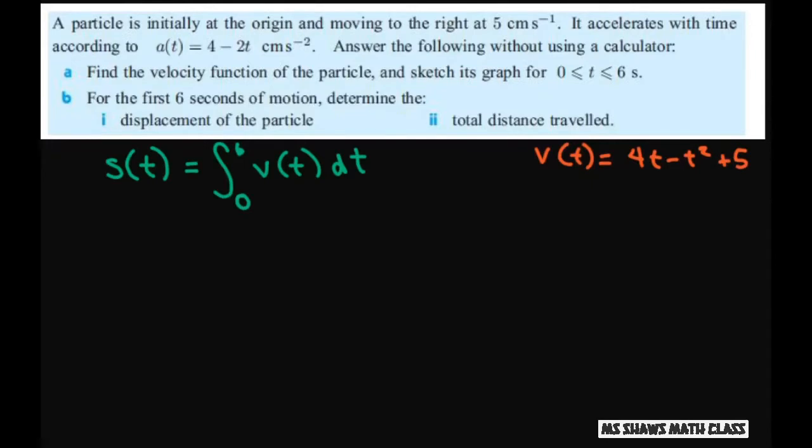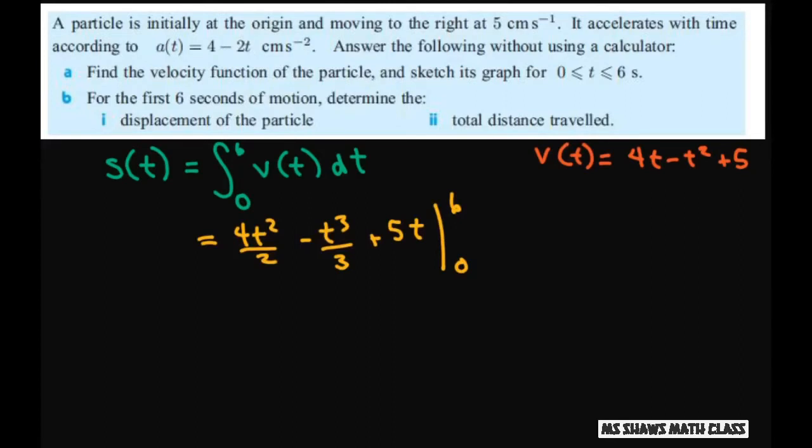If I take the antiderivative of that, that's going to be 4t squared divided by 2 minus t cubed divided by 3, plus 5t. Then we're going to evaluate this over the interval from 0 to 6.